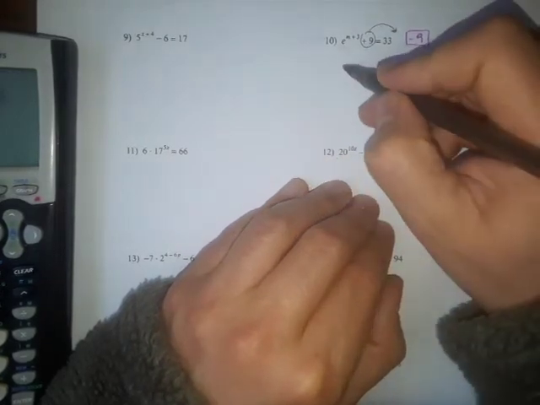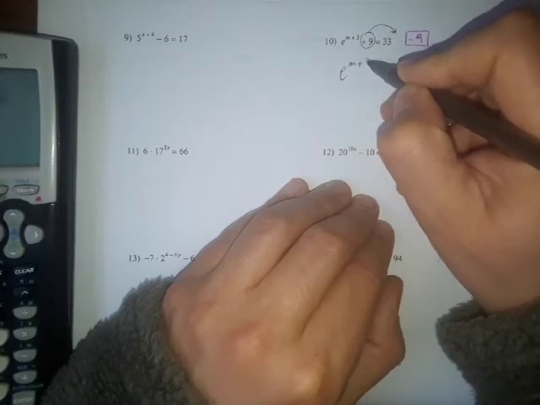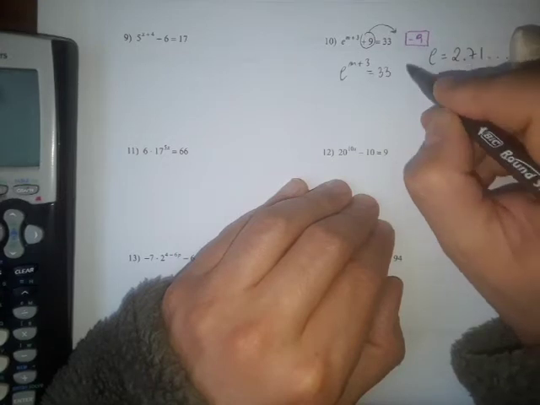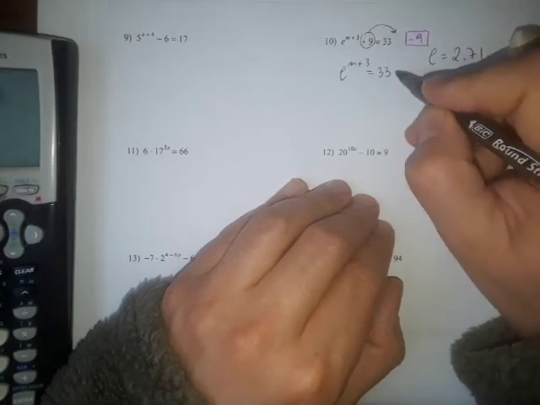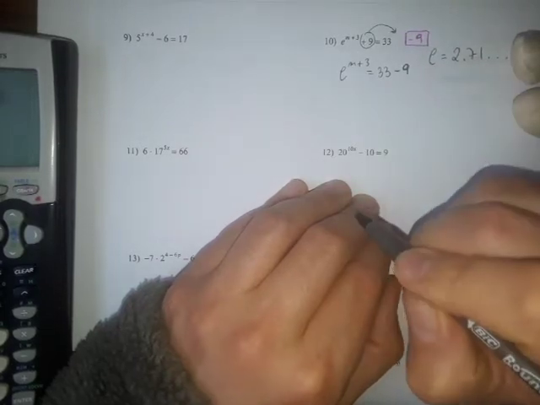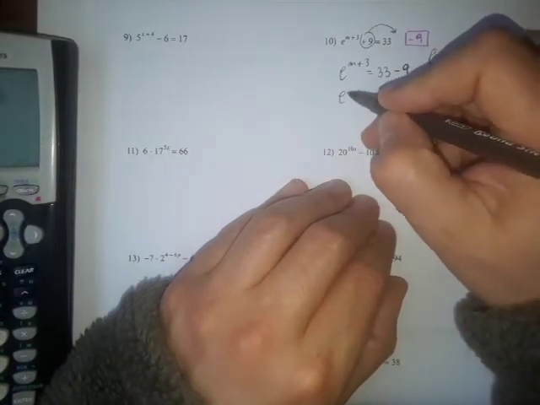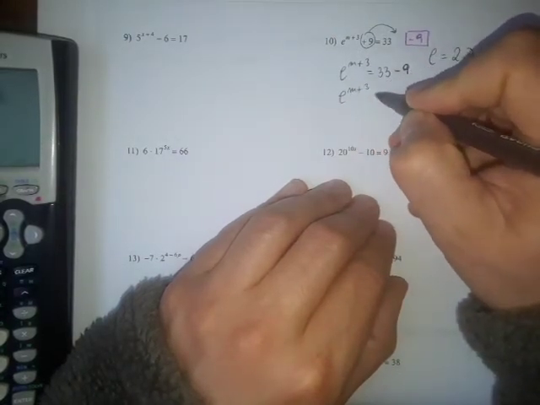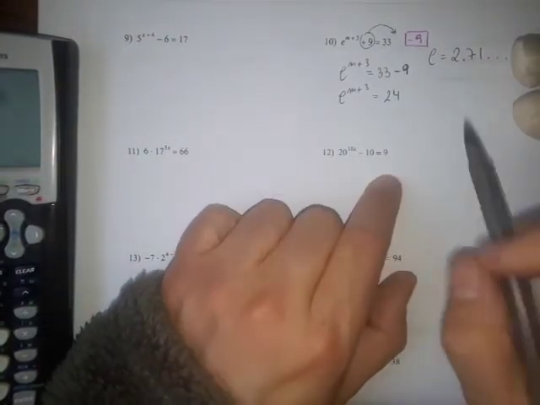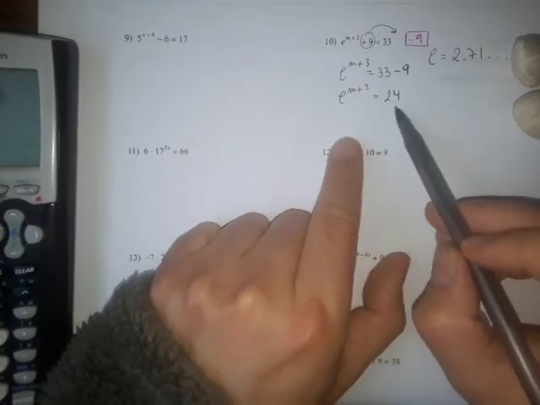So we're going to have e to the power of m plus 3 equals 33, and then minus 9, right? So 33 minus 9 is 24, isn't it? So e to the m plus 3 equals 24. Okay, so 24.